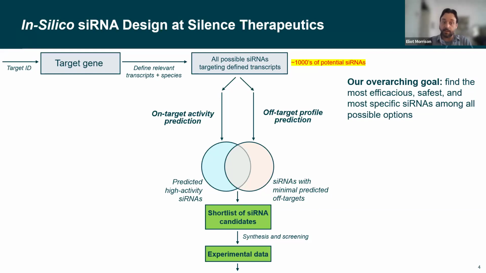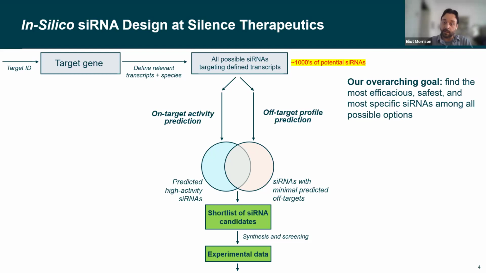So one on the left is the prediction of on-target activity, trying to find the most potent options. And on the right is the off-target profile prediction workflow. And here we try to find the safest and most specific siRNAs with essentially the cleanest off-target profile. And of course, what we're looking for is this sweet spot between these two outputs.